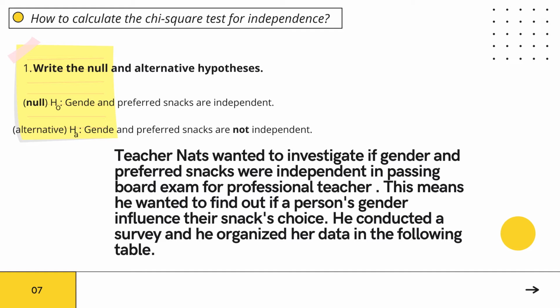What I'm trying to say is there is no association, no influence in passing the board exam. And my alternative hypothesis is that gender and preferred snacks are not independent. That means there is an association, there is influence in passing the board exam.